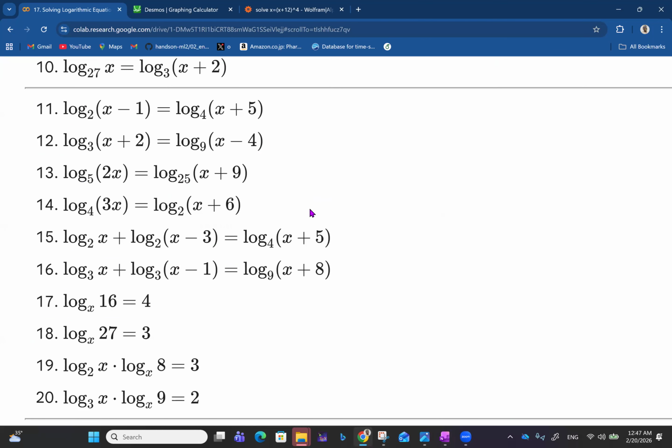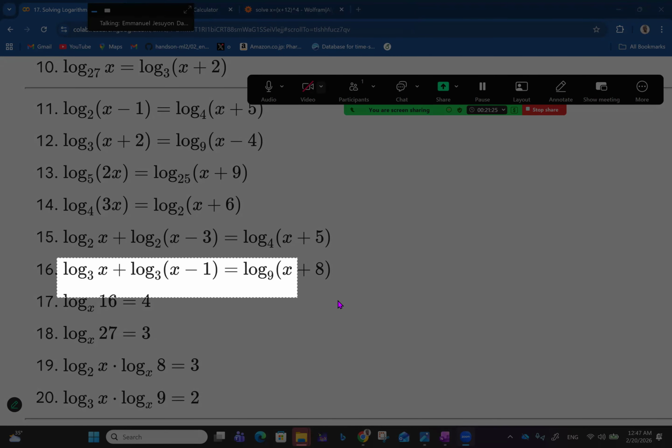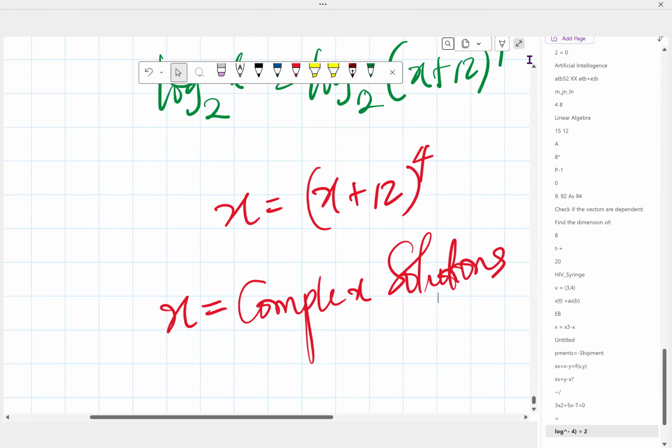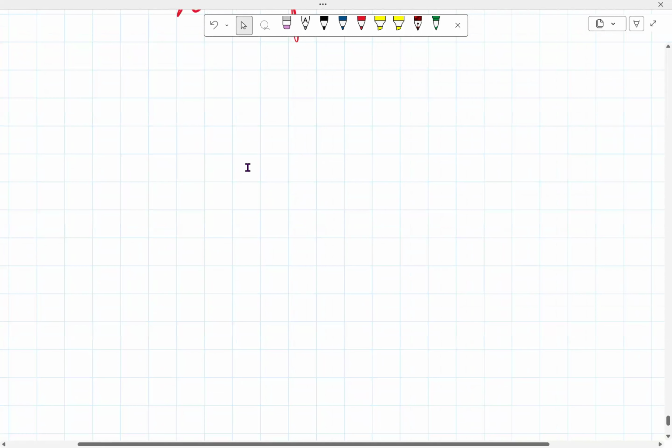All the questions are somewhat challenging, but let me go for 16 here. So I snip 16, then I copy that and take it to this place. So I right click and paste. So we want to solve for x.